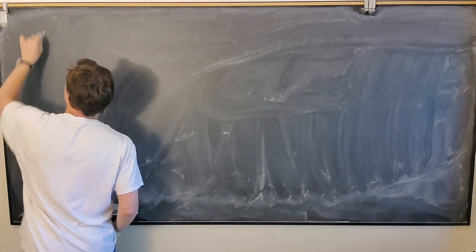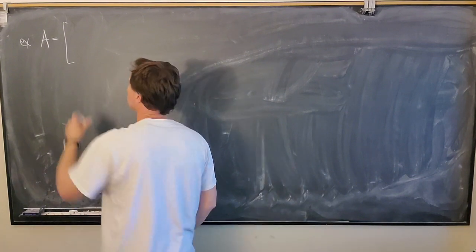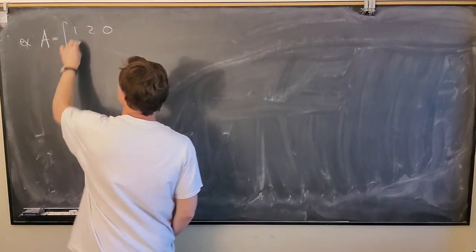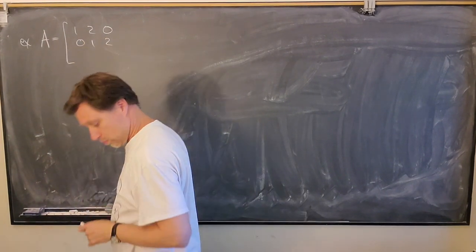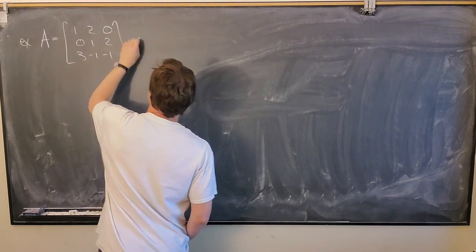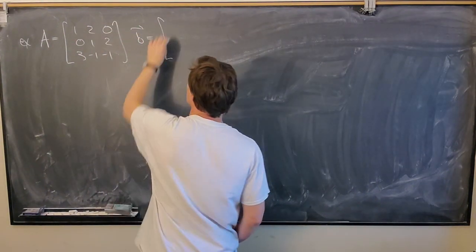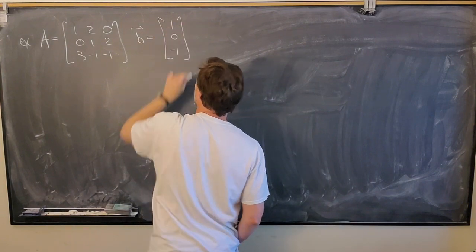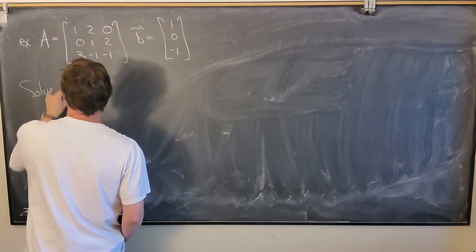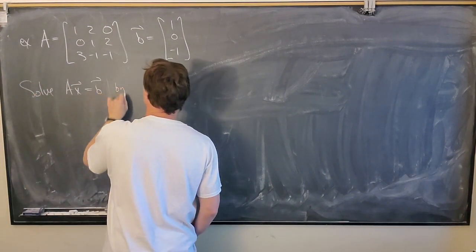So let's have A equal to the matrix 1, 2, 0, 0, 1, 2, and 3, minus 1, minus 1. And B is going to be the vector 1, 0, minus 1. And what I want to do is solve the system AX equals B by Cramer's rule.